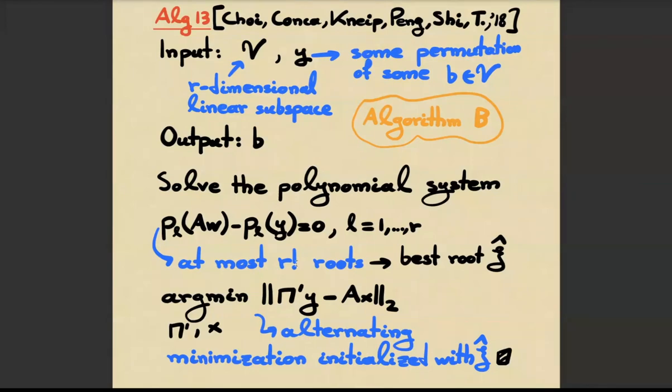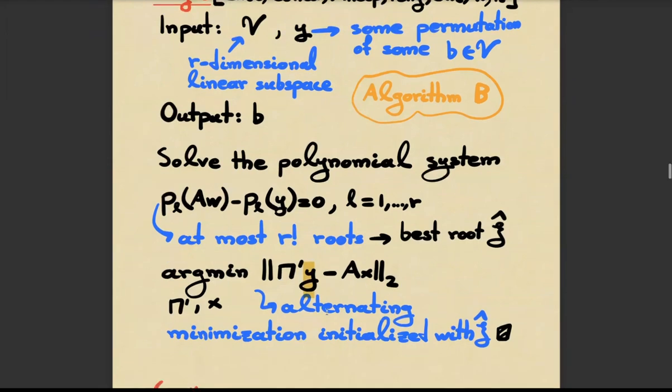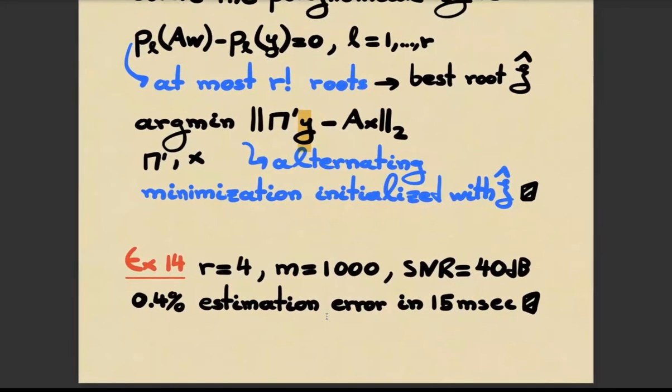The system has r factorial roots. Then with a simple criterion, we pick the best root among the r factorial many. And then we refine that root with alternating minimization by trying to fit that root to the vector y that we have observed. Let me show you an example of how this algorithm works.